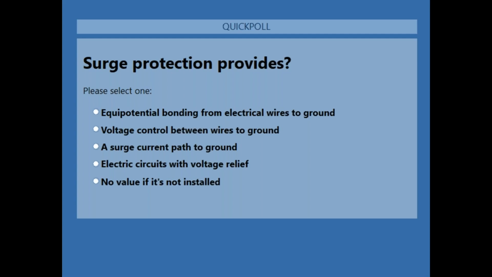Is it a surge current path? Is it transparent operation with a voltage relief, like a pressure relief? Or my favorite, it's no value if it's not installed. So some of us may find that answer more appropriate.